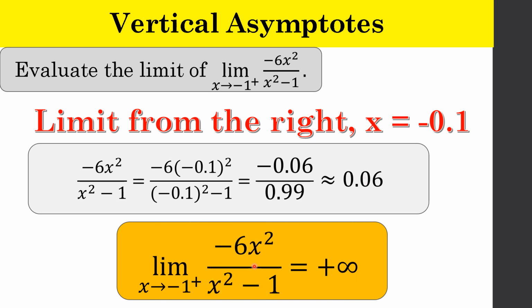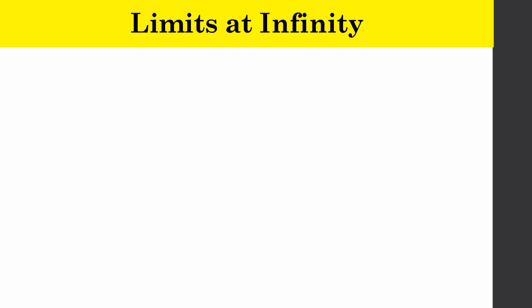Thus, the limit of your function as x approaches negative 1 positive is equal to positive infinity. So, ito yung paraan kung paano kunin yung vertical asymptotes natin or limit on the vertical asymptotes. So, makukonklud natin that the limit is unbounded. Limit does not exist. Kasi nga, negative yung nasa left hand, positive naman yung nasa right hand.